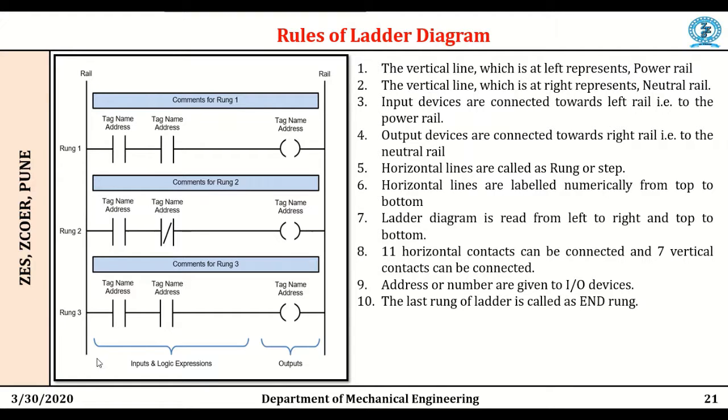The last rung is called the end rung. All the input devices are connected towards the left side, nearer to the power rail, and output devices are connected towards the right side, near the neutral rail.